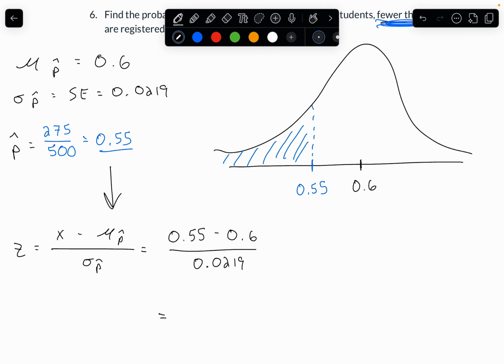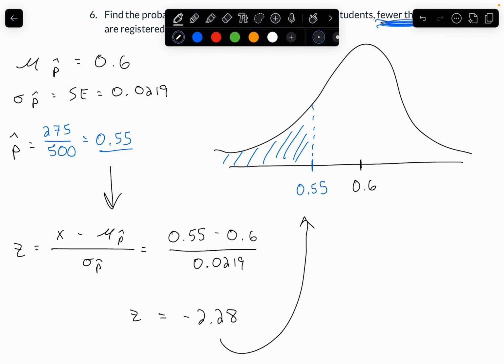Let's divide this out: 0.55 minus 0.6 over 0.0219. This time I ended up with a z-score of roughly negative 2.28. So I have negative 2.28 as the z-score corresponding to 0.55.